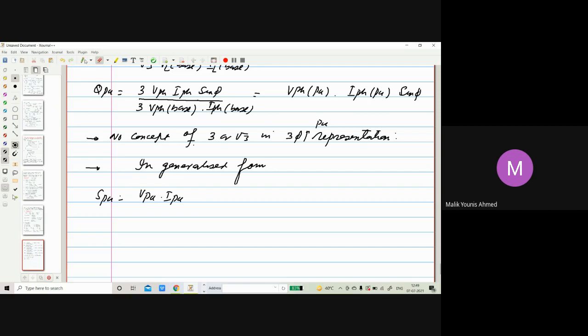Whatever the actual relationships are, the same will exist in per unit. P per unit, how do you write it? You write V per unit, I per unit, and the actual relation is cos phi. Cos phi will be there. Q per unit, how do you write it? V per unit, I per unit, and sine phi. Sine phi will remain there.